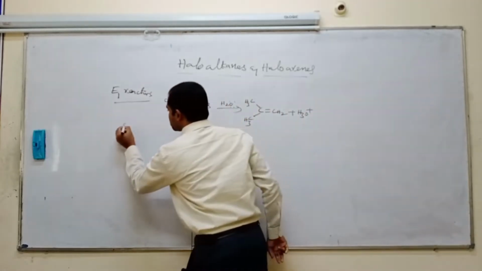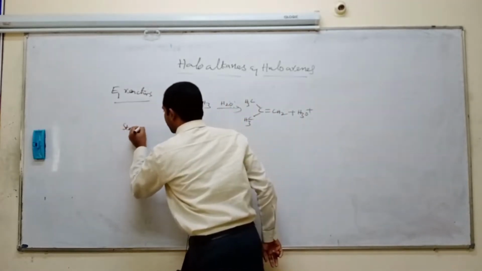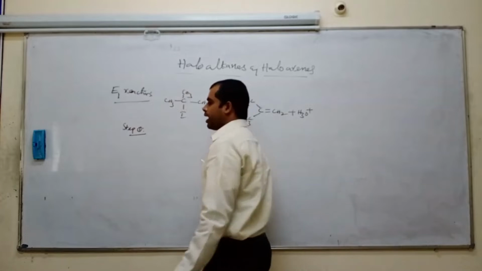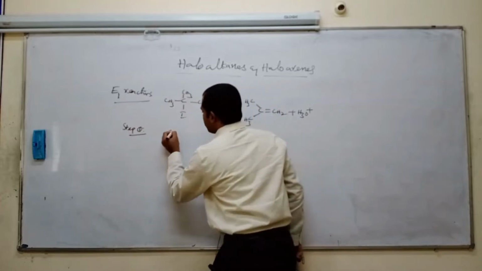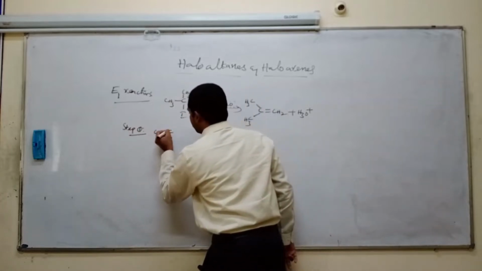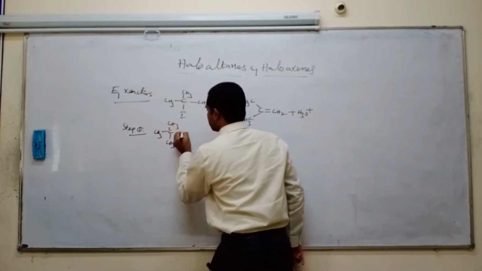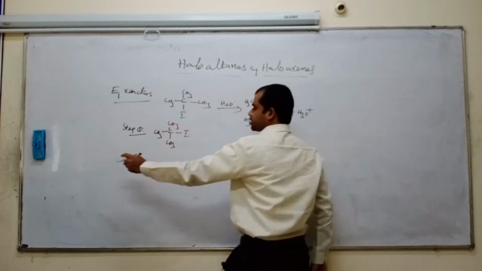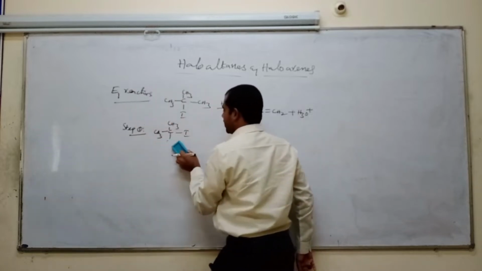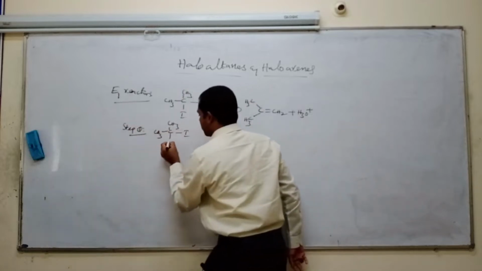Let us see, this involves two steps. Step 1: first of all, in the tertiary compound, carbon with CH3, CH3, CH3 and iodine, bond breaking takes place.